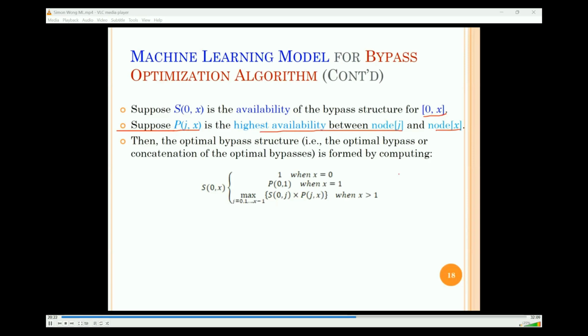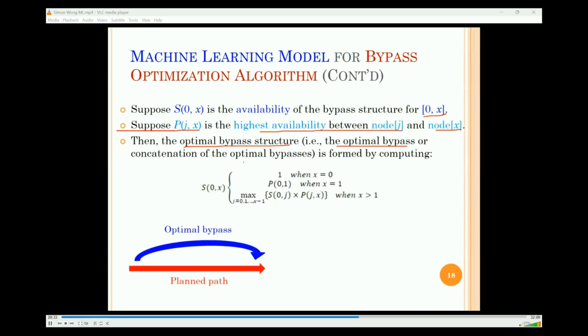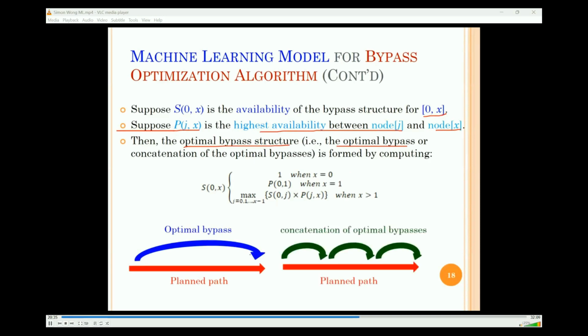So the optimum bypass structure can be the optimal bypass or the concatenation of optimal bypasses. For this planned path, that can be one optimal bypass or concatenations of many optimal bypasses. And this is formed by computing as follows. When x is equal to 0, the availability is 1.